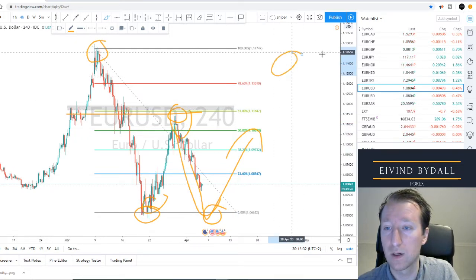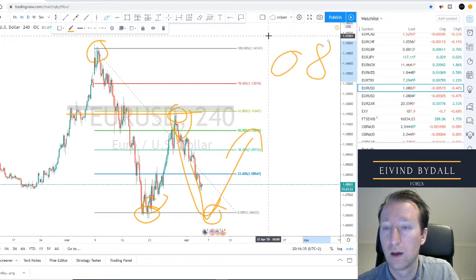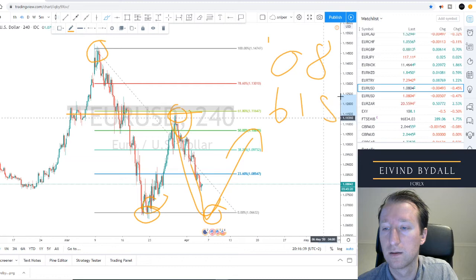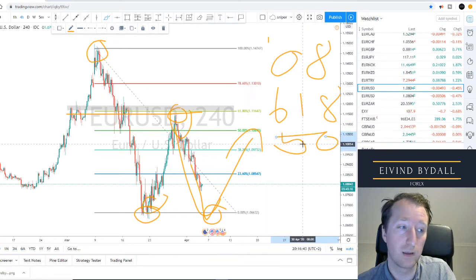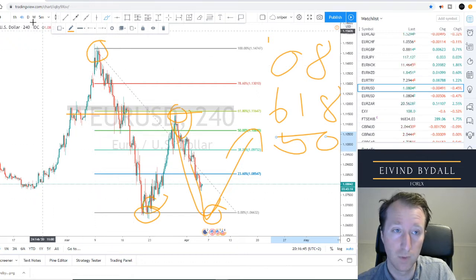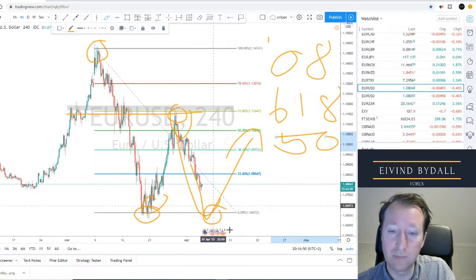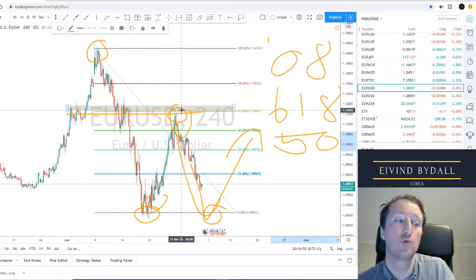So in '08, 618 and 50% retracement was very common on daily. So if we go to daily, which is the same, this might also turn into a longer term down.